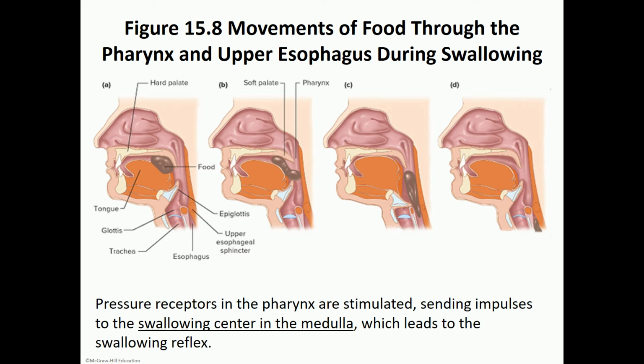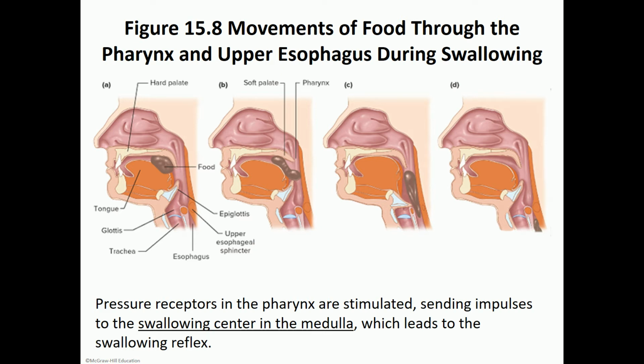So it really includes that bending down, as you can see here, of the epiglottis in order to cover the trachea. It also includes that elevation of the soft palate to close the nasal cavity, so that the food doesn't go upwards towards the nasal cavity. So when you close the nasal cavity and the trachea, the food really has only one way to go, and that is down the esophagus.